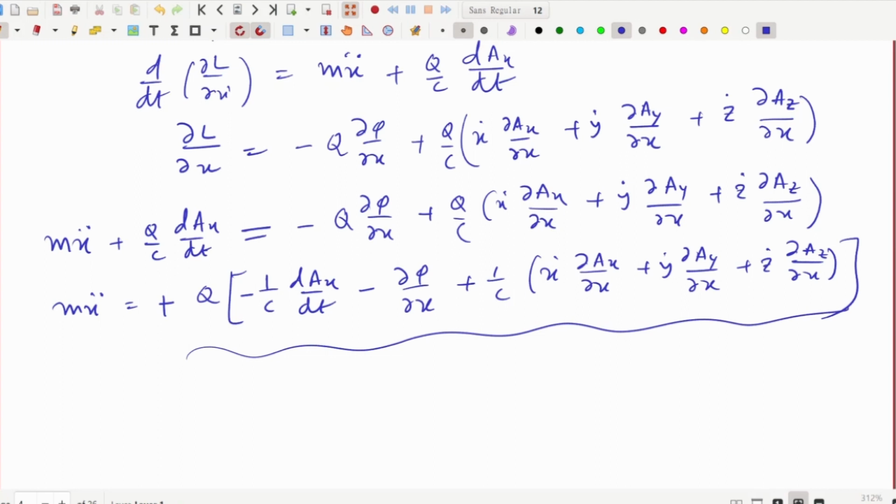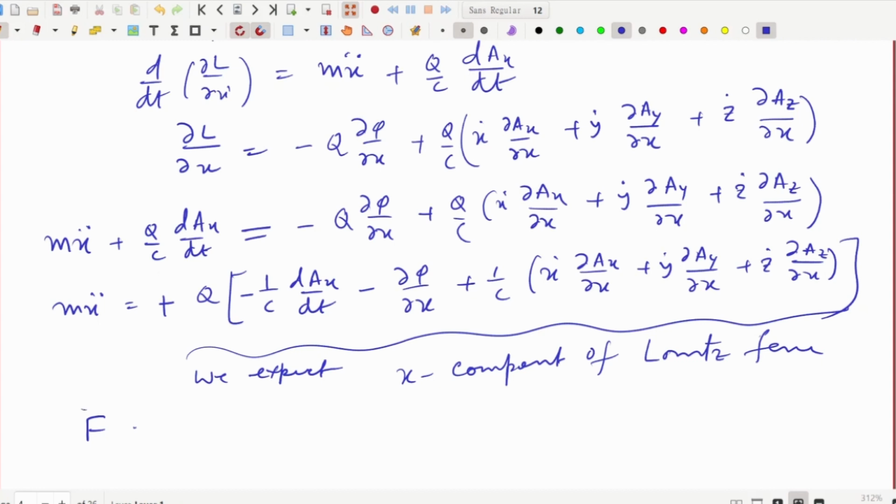If this Lagrangian is the correct Lagrangian for the electromagnetic field, we expect this quantity to be the x component of the Lorentz force. Then we will call this Lagrangian a correct Lagrangian. If we do not get that, then there is some problem with the Lagrangian.